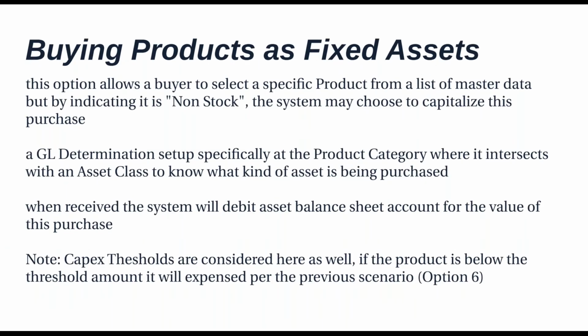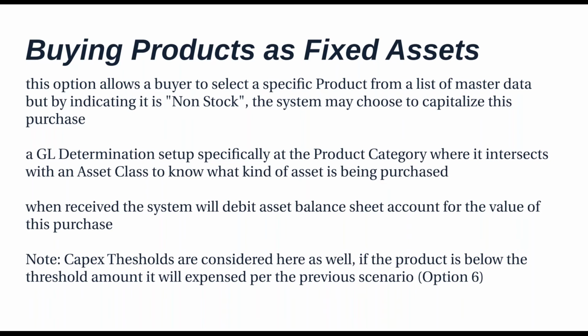And buying products as fixed assets. So we mentioned the scenario where you're buying product categories as fixed assets. The same thing can apply to a specific product. So if you have chosen a product as non-stock, depending on configurations in the background, the system may choose to capitalize this purchase. So once again, there's a GL determination.